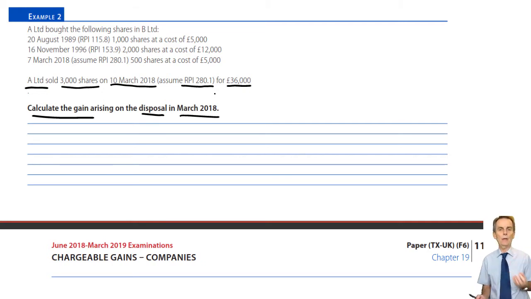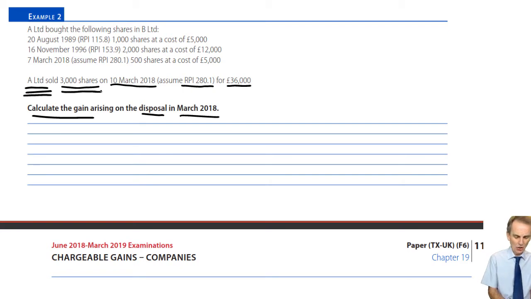So when you turn to a question and it deals with capital gains, first thing you need to identify is who's doing the selling. Here in the requirement, it didn't specify, just calculate the gain arising on the disposal in March 18. So on an OT question, who's doing the selling? Here, A Limited. So we know, therefore, that this is corporate tax. What are we selling? Shares. So we know it's going to be the share identification rules that are being tested.